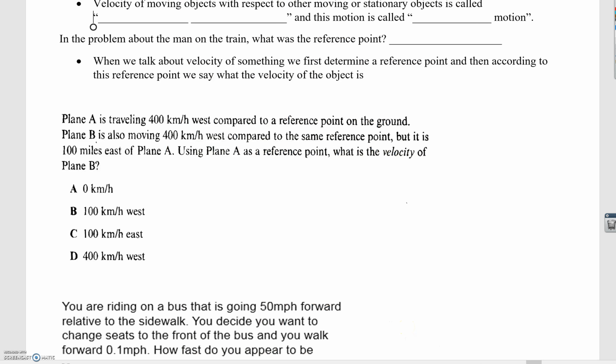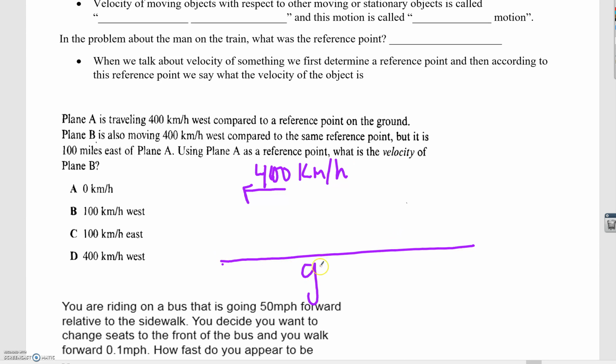Plane A. It also helps to draw these out. Plane A is traveling 400 kilometers per hour west, compared to a reference point on the ground. So somebody on the ground is watching.